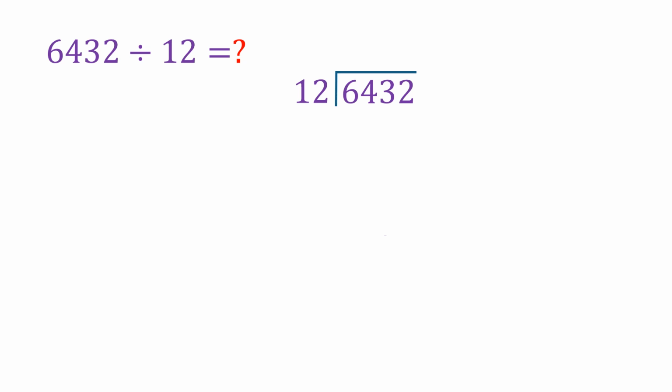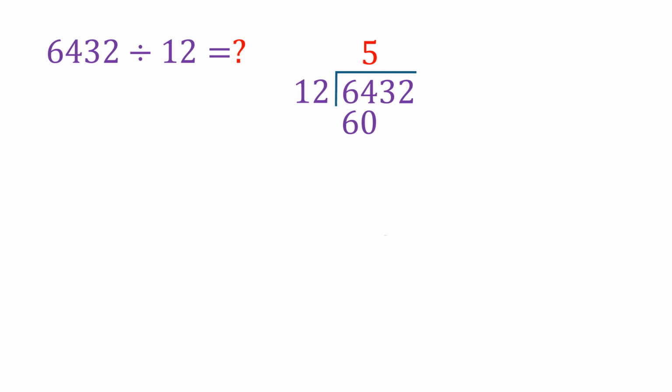If you use 6, 6 times 12 is 72, which is more than 64. So you cannot use 6, but you can use 5, because 12 times 5 is 60. So we're going to have 5, and 5 times 12, which is 60, you put below the 64.